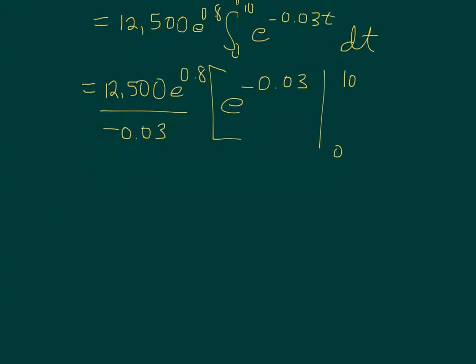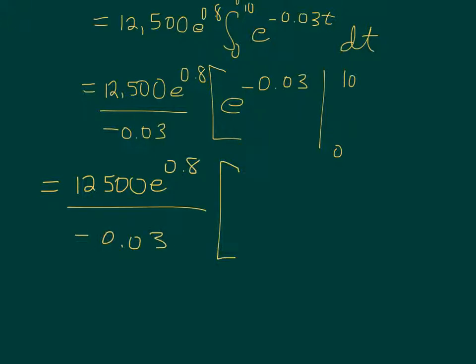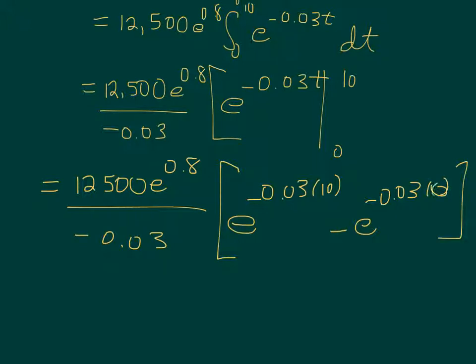Let me write it one more step to make sure you got this evaluation down. All that's going to go in a calculator. I forgot to put my t there, this is going to be e to the negative 0.03 times 10 minus e to the negative 0.03 times 0. Sorry, that's pretty messy. So once again, I'm evaluating at 10 and then at 0.